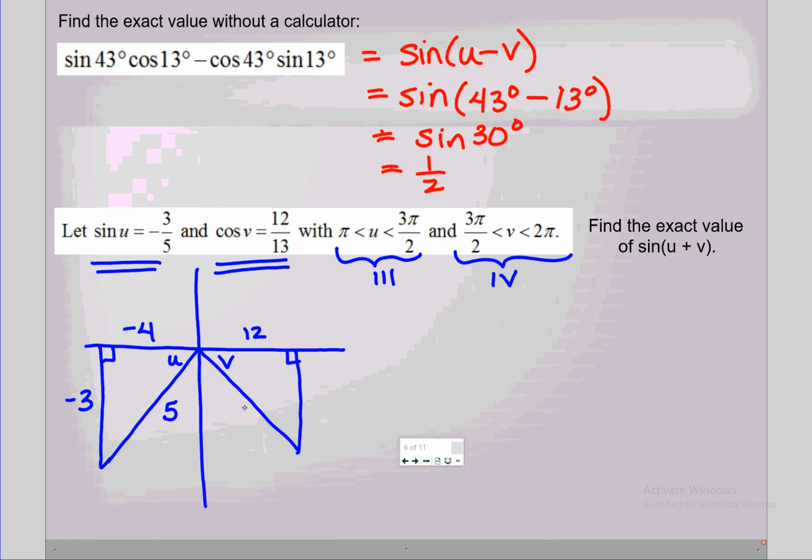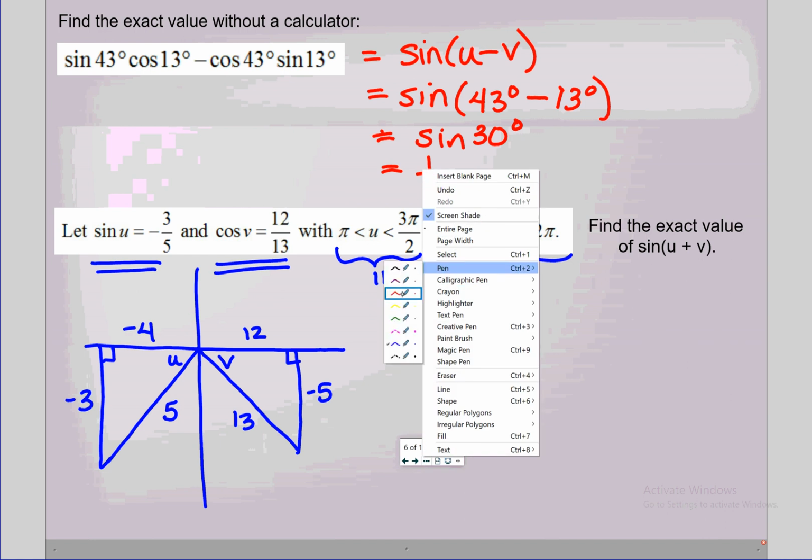Adjacent over hypotenuse. This is another Pythagorean triple that you should recognize. If not, you could use your Pythagorean theorem. What's the missing side? 5, and it's negative, again, because it's in quadrant 4. So know those, it's going to help you: 3, 4, 5, and 5, 12, 13. We're going to see those a lot. Okay, so that's everything we need.